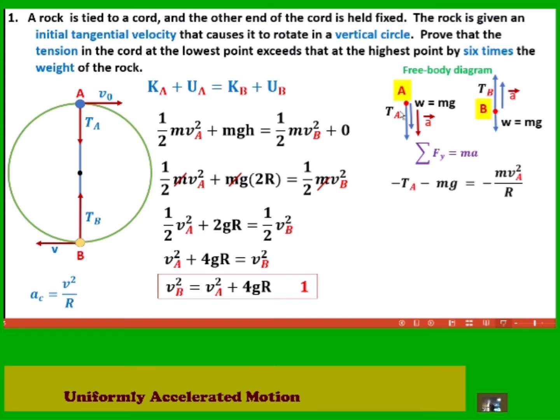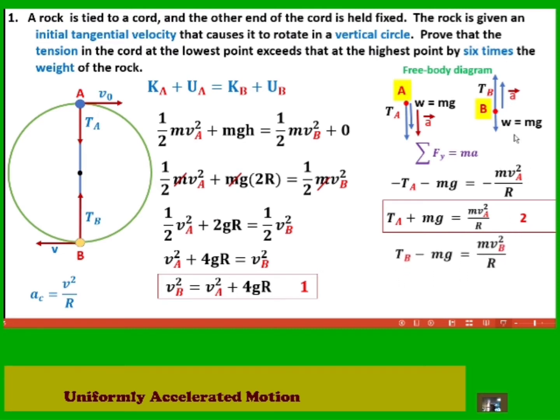So at point A, tension T sub A is directed downward, negative. The weight is directed downward, negative also. The acceleration is towards the center, which is downward, so it is negative. Multiplying the whole equation by negative 1, so negative becomes positive. And this is our equation number 2.